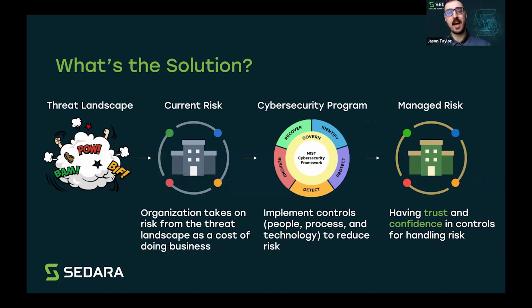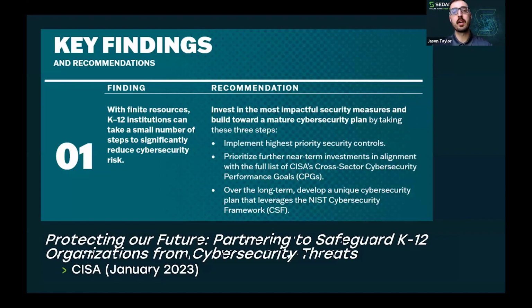And my very last introductory slide before we finally jump into the NIST CSF 2.0 is a look at this great report that came out from the Cybersecurity and Infrastructure Security Agency in early 2023 about the K-12 cybersecurity landscape.